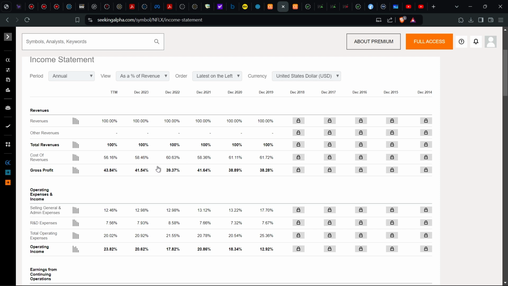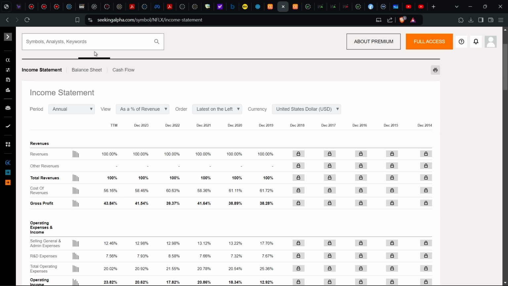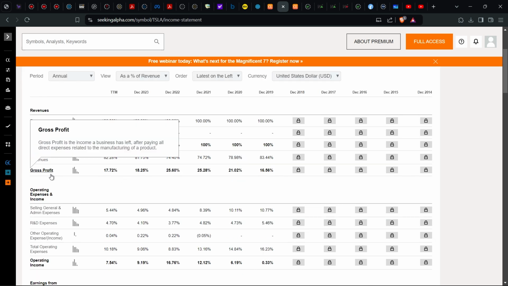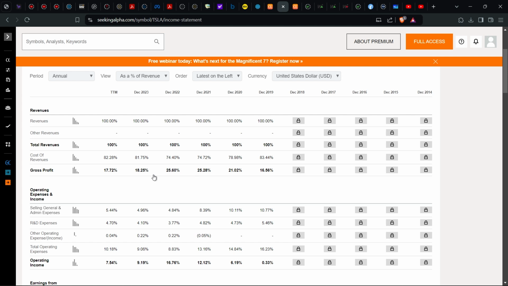If you go to another company like Tesla, for example, Tesla's gross margin has been reducing in the recent past. That's why Tesla, even the stock itself, hasn't been doing so well, and they have come under fire for this margin compression. Why is it a big deal?